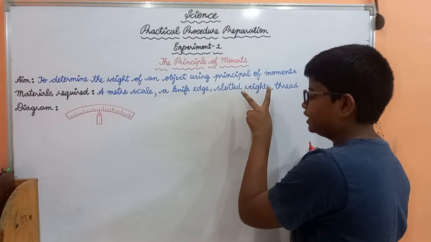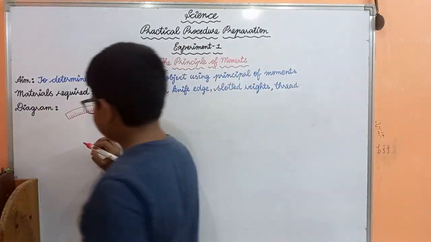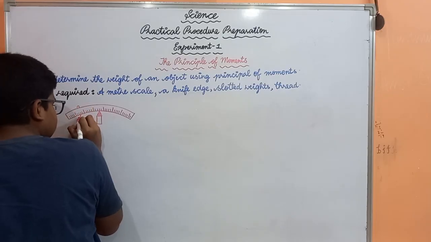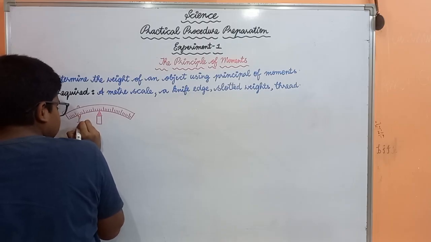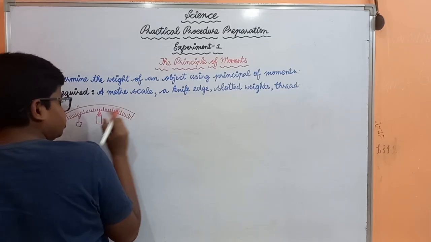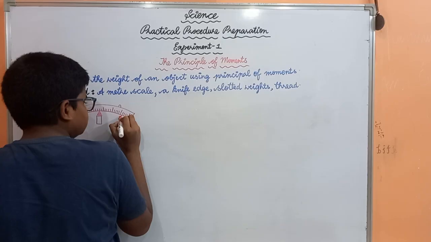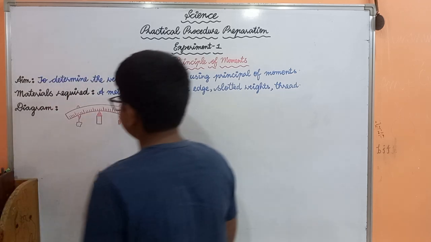Now slotted weights. This is the unknown object. This is the known object.